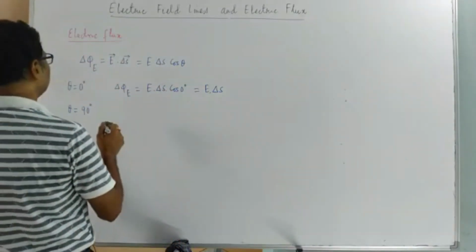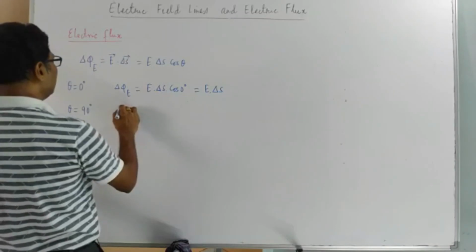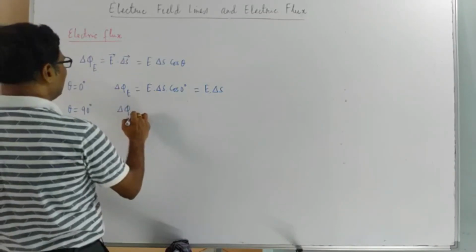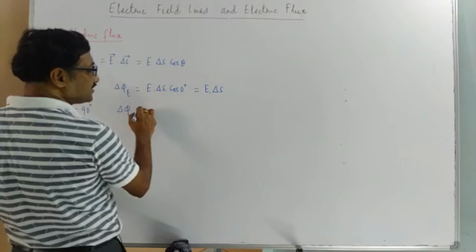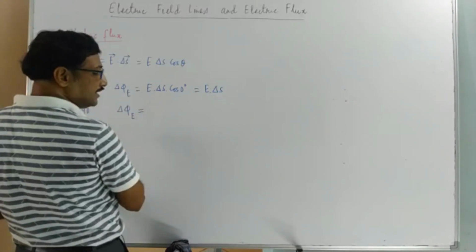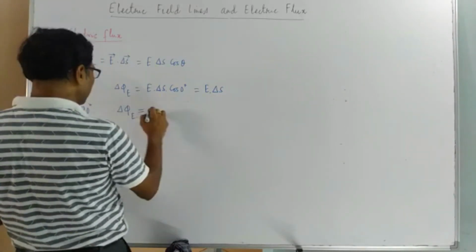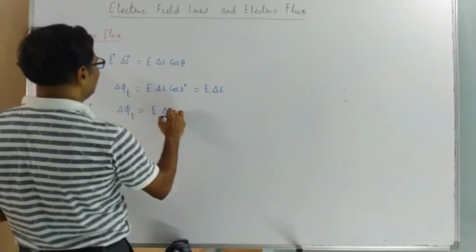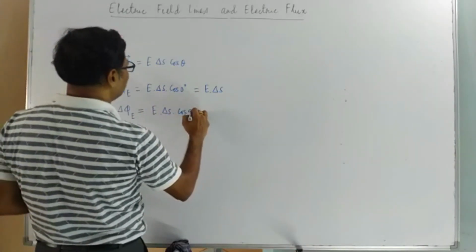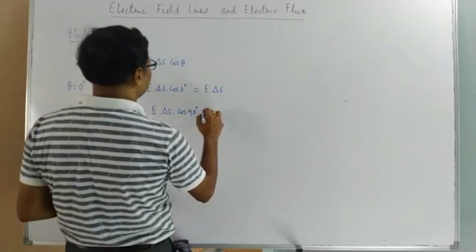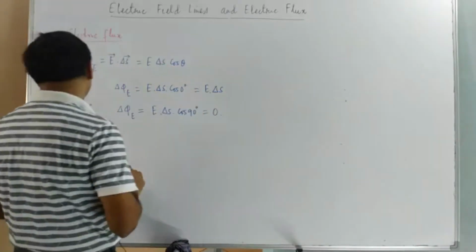In that case, no electric line of force can pass through this area element. That is also evident from E into delta S into cos 90 degree. Cos 90 is 0, so this is 0.